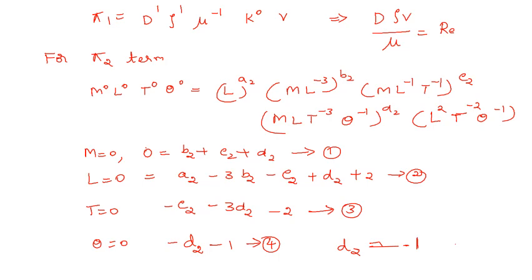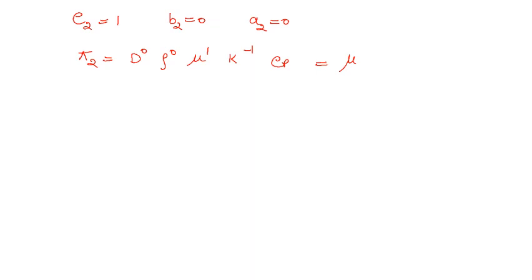Similarly, therefore c2, if you carefully see here, I can write c2 is equal to 1, b2 will become 0, and a2 is equal to 0. Therefore, pi 2 term will be d to the power 0, rho to the power 0, mu to the power 1, k to the power minus 1, and cp. In short, I can write that as mu cp by k, and this is nothing but the Prandtl number Pr.